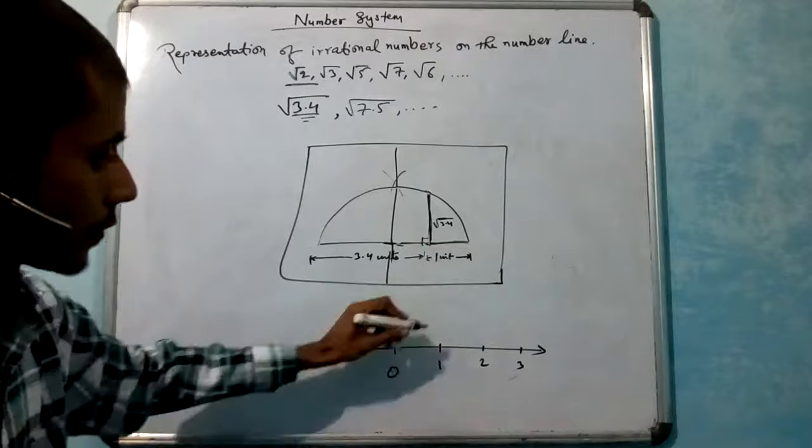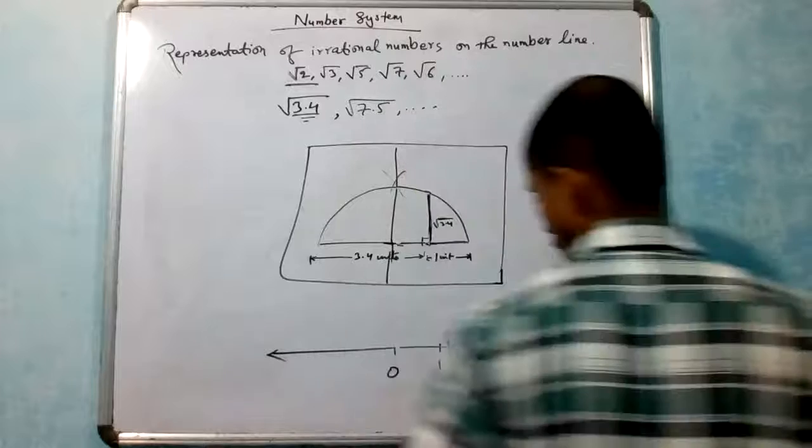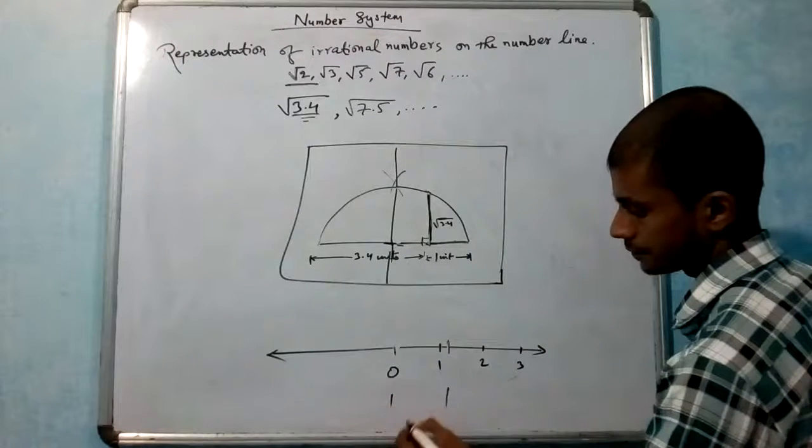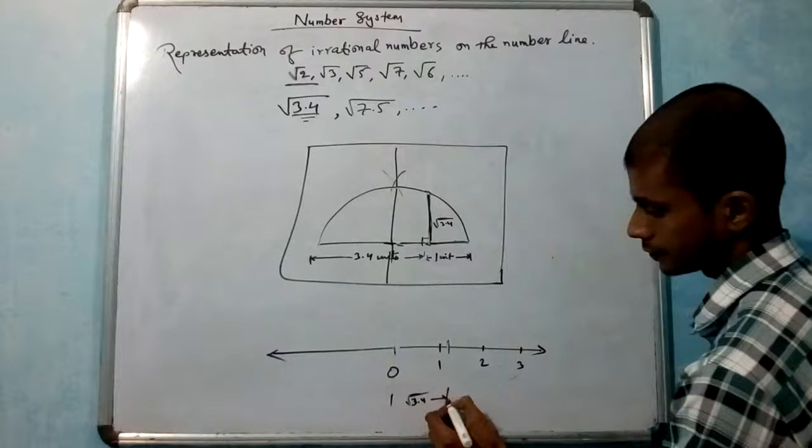Okay, cut here, fine, somewhere here it will come. Okay, so this will be root of 3.4 units.